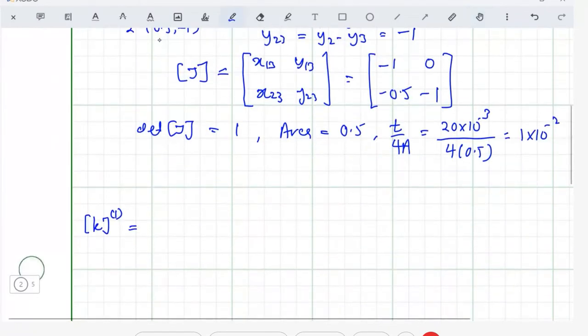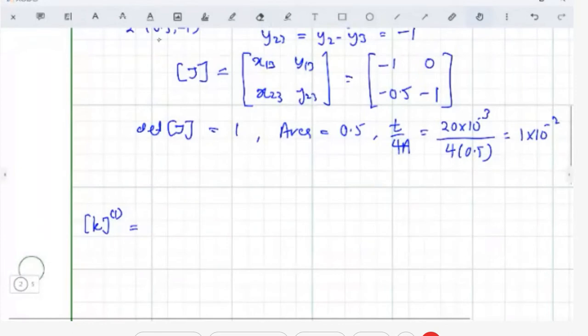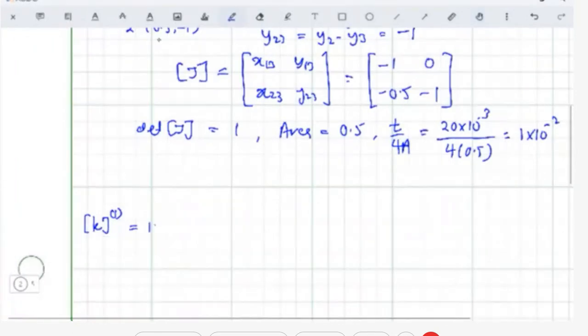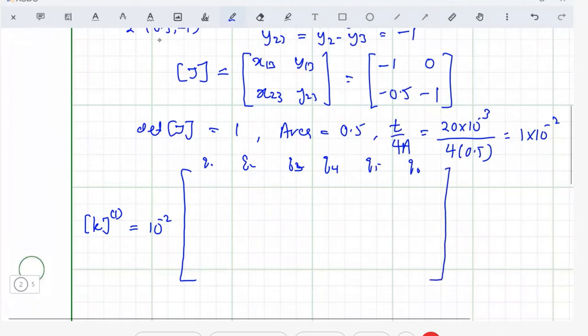Now this is T over 4A, which is just 1 times 10 to the minus 2. And we have Q1, Q2, Q3, Q4, Q5, and Q6.